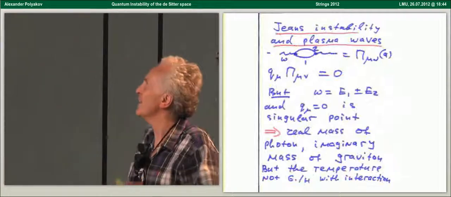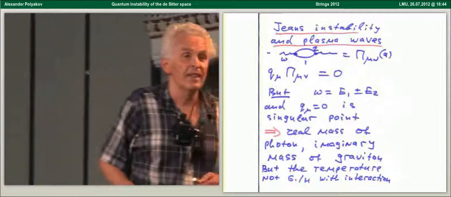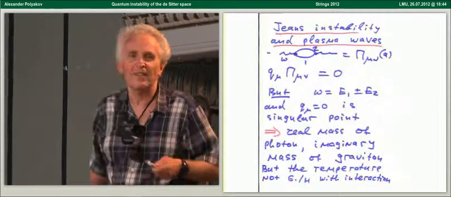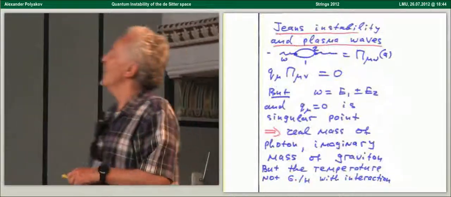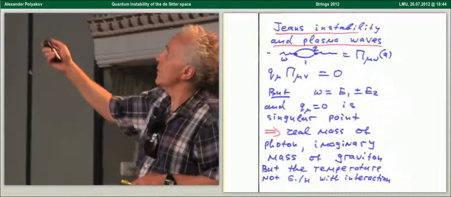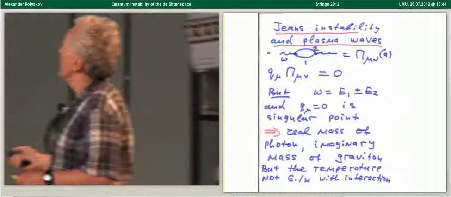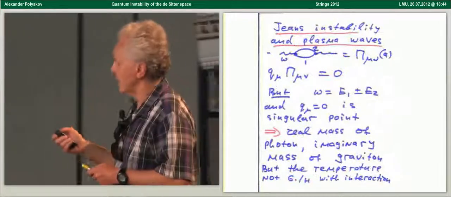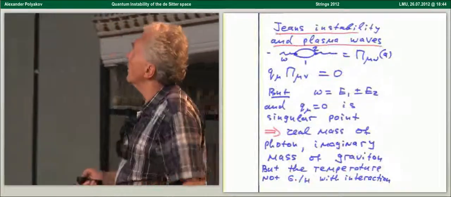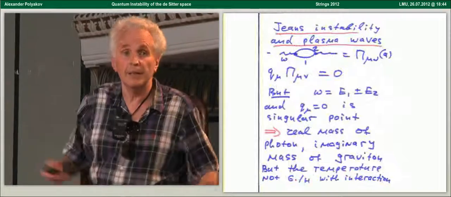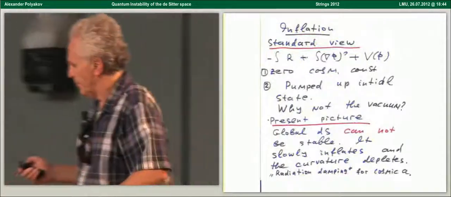That's why I call it this way. But this is not the case. So subjective idealism is out. When you calculate the polarization operator, you find that indeed Jeans instability is there.